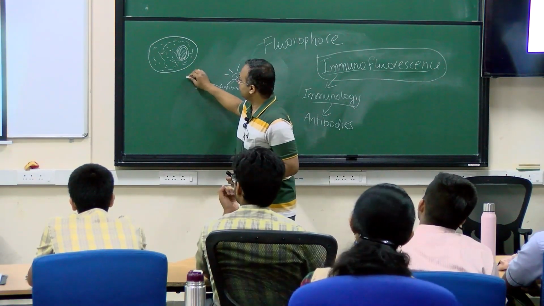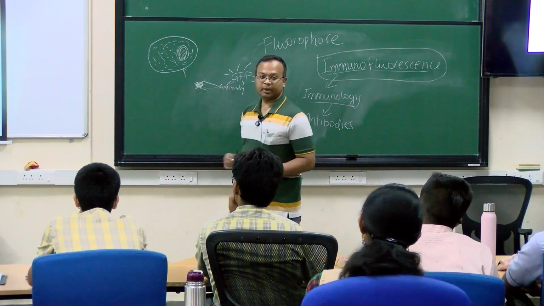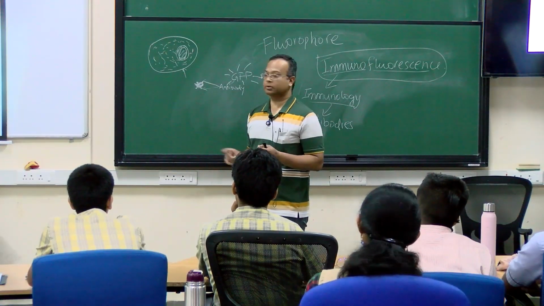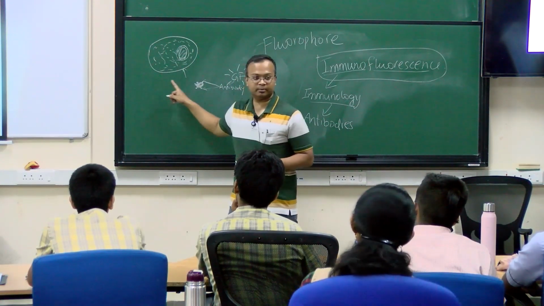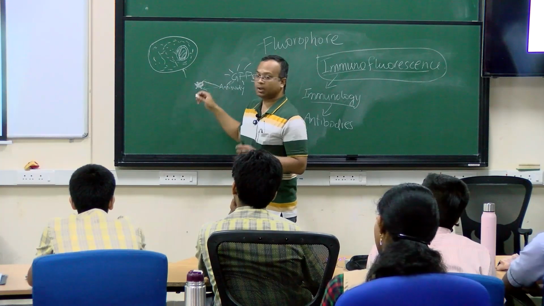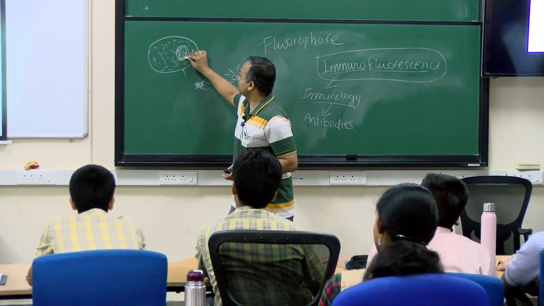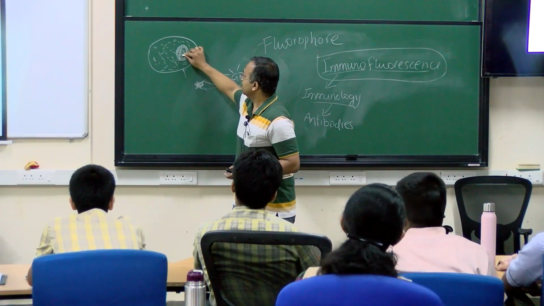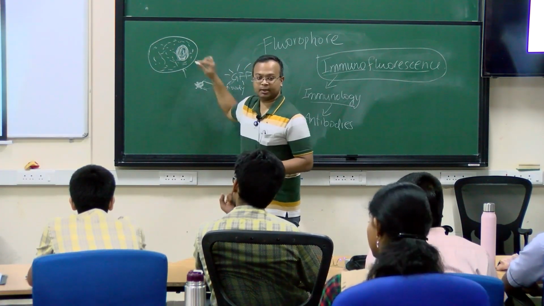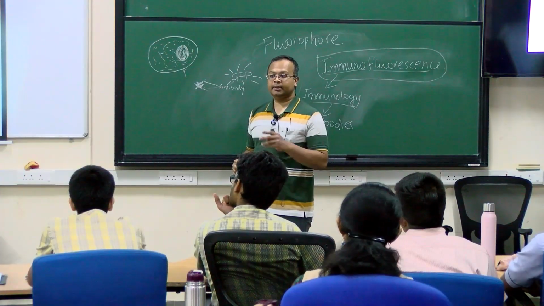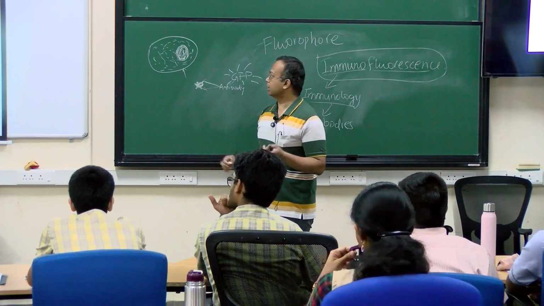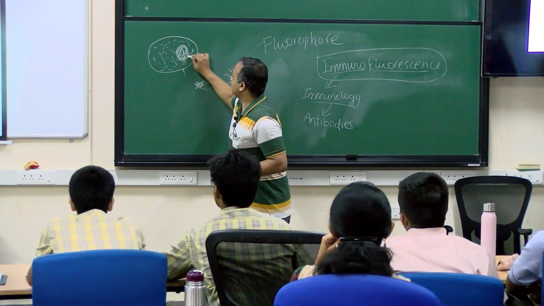I first need to label the cell membrane with a particular fluorophore, so that I can see, okay, this is the boundary of the cell. Then I need another fluorophore, another color, to label the nucleus, so that it will label the DNA in the nucleus and appear another color. And then I need a third fluorophore, third color, to label all the mitochondria.